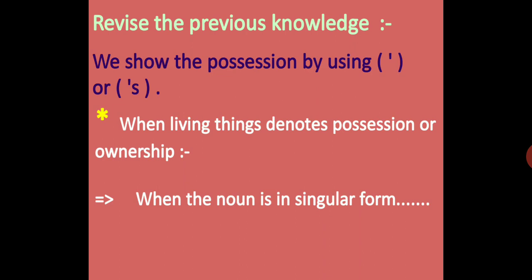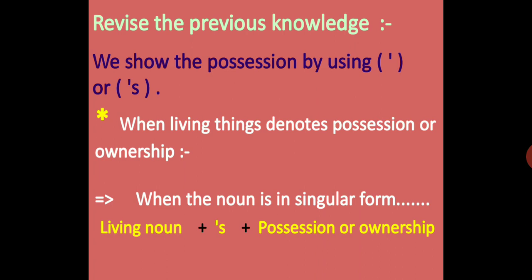When the noun is in a singular form and we want to show it in a possession form, then we follow: living noun plus apostrophe s plus possession or ownership. Means after the living noun, we use apostrophe s to make it in a possession form.